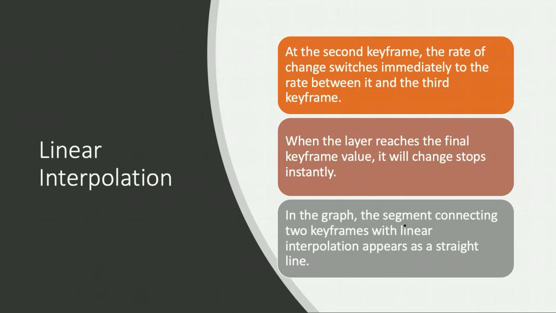In the graph, the segment connecting two keyframes with linear interpolation appears as a straight line. As the name linear suggests, if we translate this interpolation into an xy graph, it is a straight line.